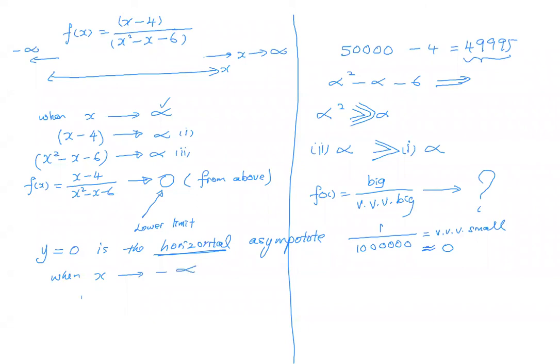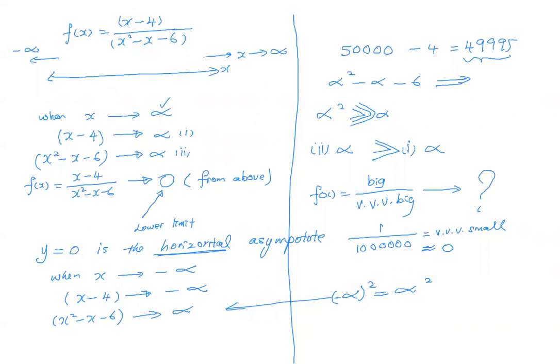So my x minus 4 will approach negative infinity also. But my x squared minus x minus 6 will approach infinity. The reason is that negative infinity squared is equal to infinity squared, correct?